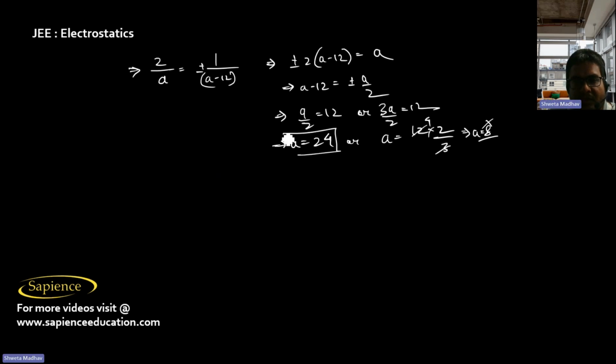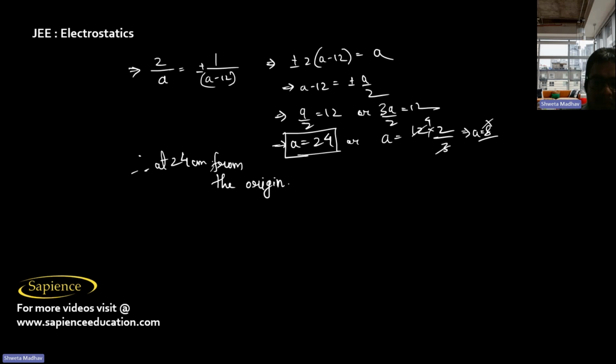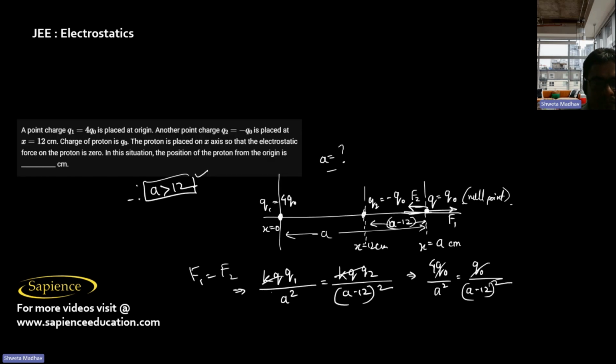So therefore A should be 24. So at 24 centimeter from the origin, if we keep the proton, then only the net force on it will be 0. So the answer is 24 centimeter.